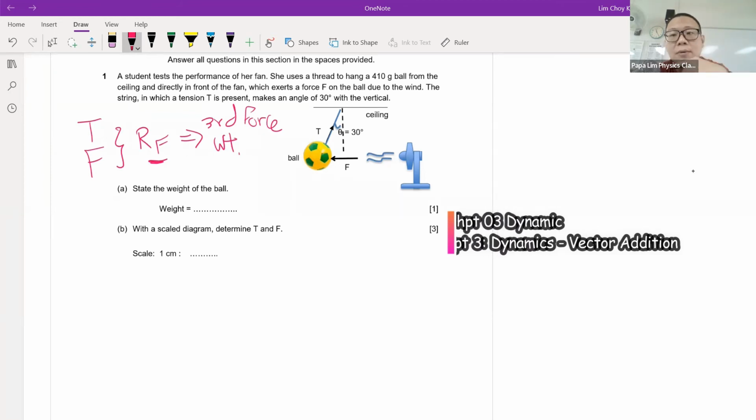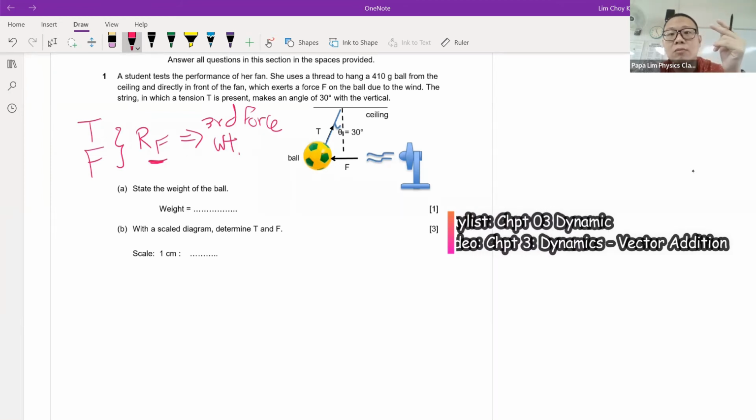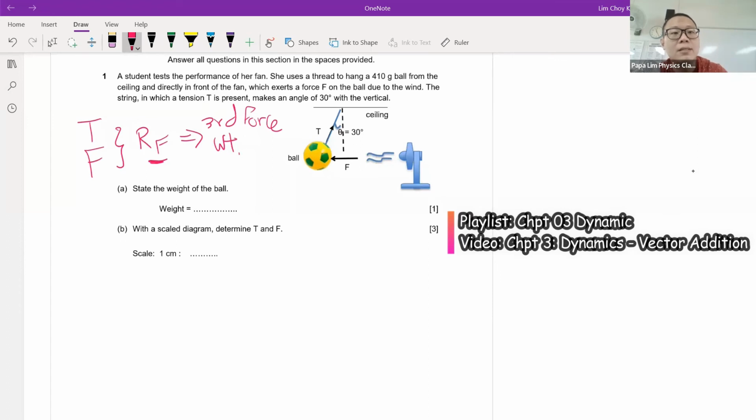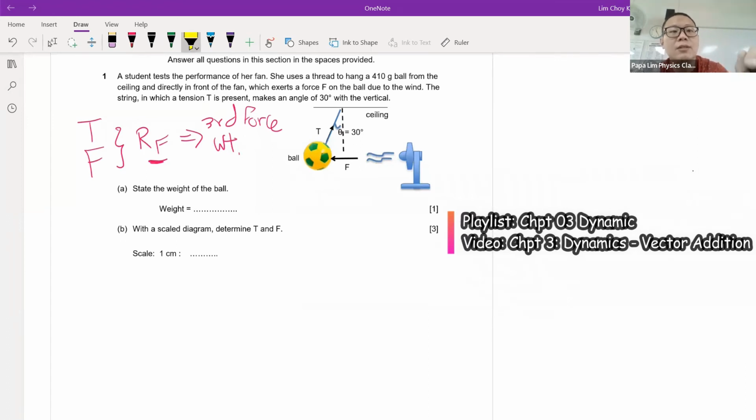But what's interesting about this question is that it actually goes in reverse. The question gives you the resultant force first, which is balanced by the third force, the weight.